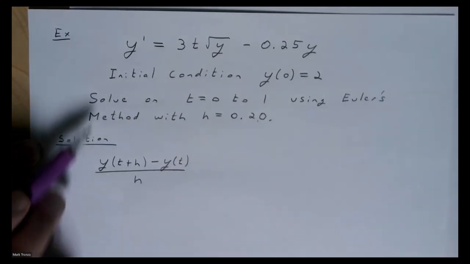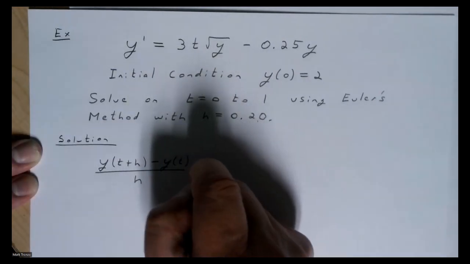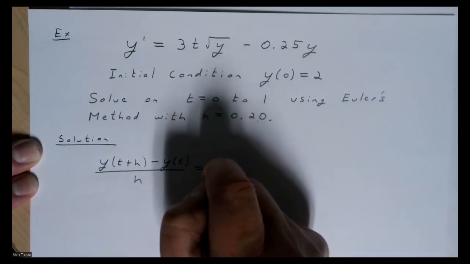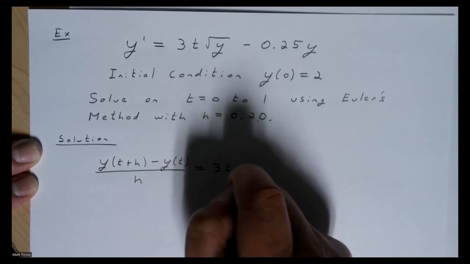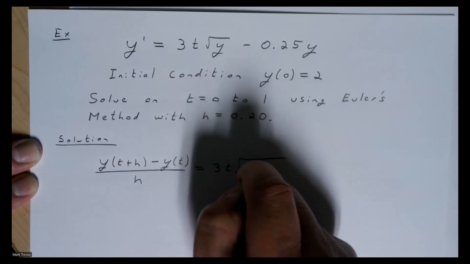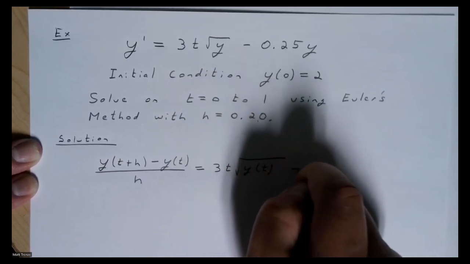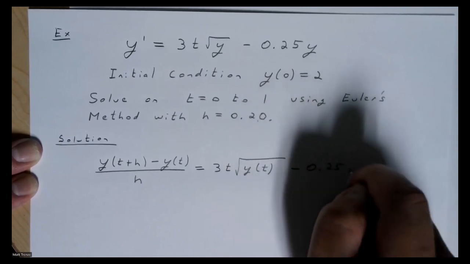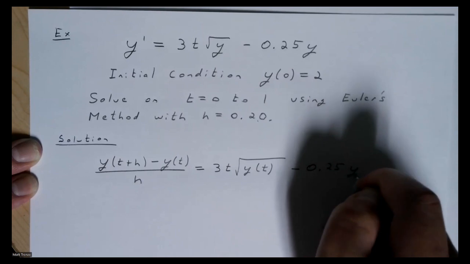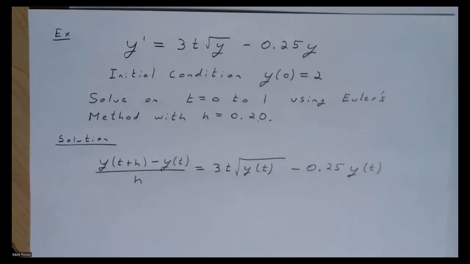That's what we're estimating our derivative by. Then on the right-hand side, we're going to have 3t square root of y(t) minus 0.25 y(t), like this.